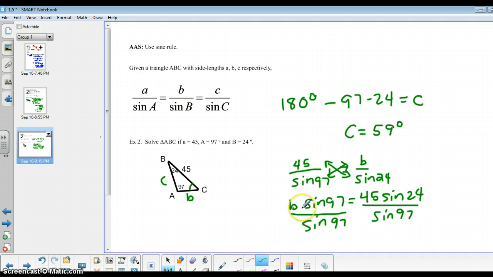Then we try to get B by itself, so we divide both sides by sine 97. Now we'll cancel, and then this is when you want to plug in the calculator here. So you'll have 45 times sine 24 divided by sine 97. And you'll get that B is equal to 18.4 units.